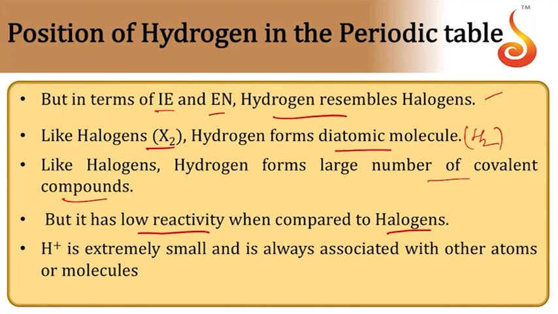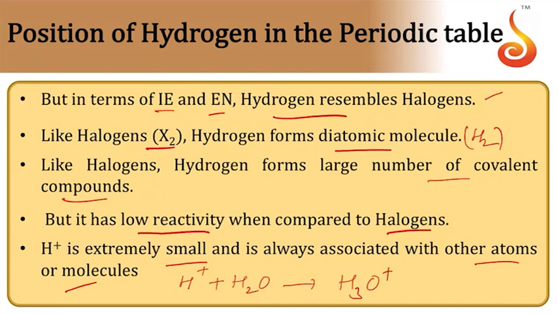And H plus is extremely small. The H plus ion is extremely small. It is always associated with other atoms or molecules. For example, H plus in aqueous solution doesn't have any free existence. It always exists as the hydronium ion, H3O plus.